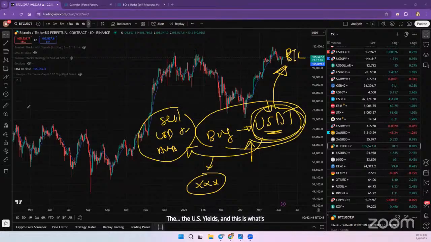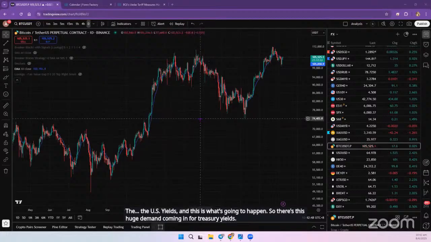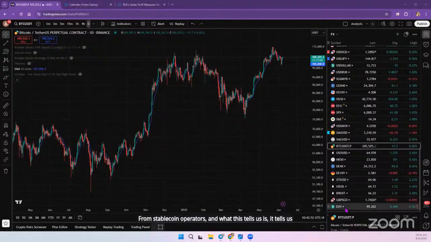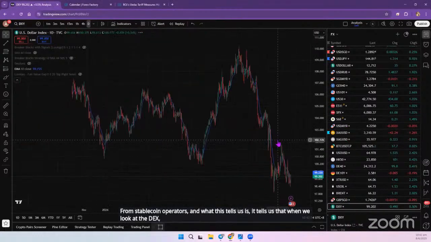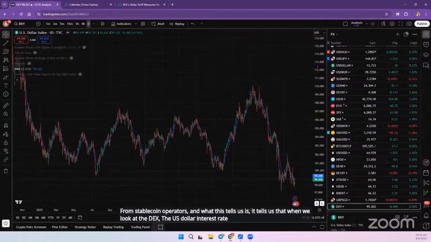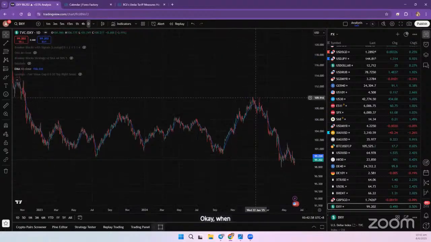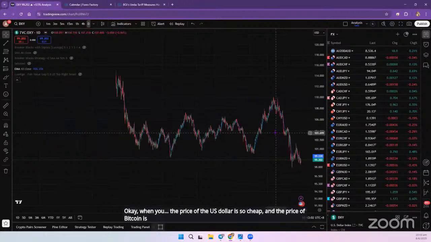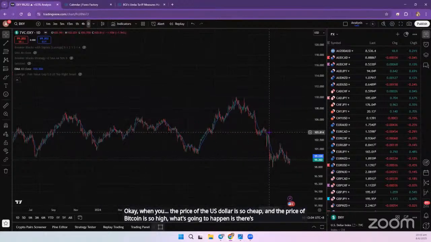There's this huge demand coming in for treasury yields from stablecoin operators, and what this tells us, when we look at the DXY, the US dollar interest rate, is that when the US dollar is so cheap and the price of Bitcoin is so high, there's going to be a move in one direction.